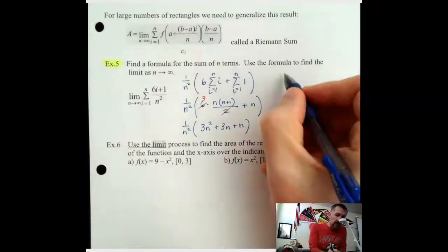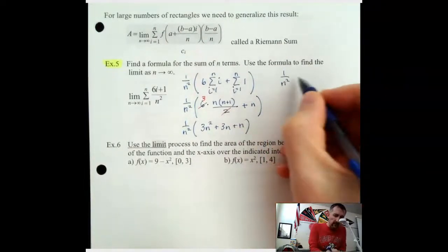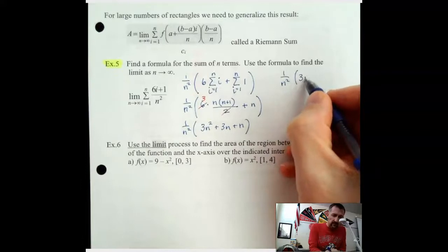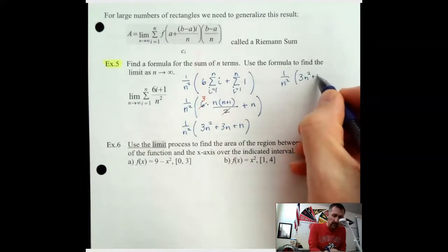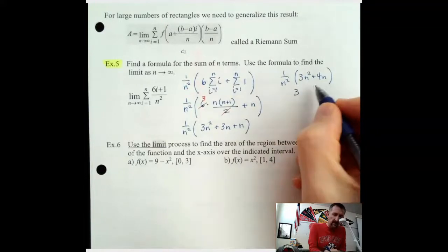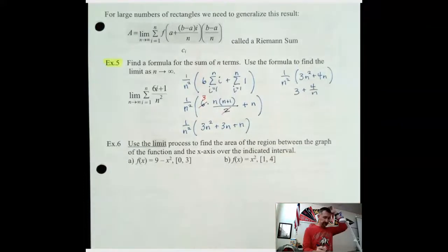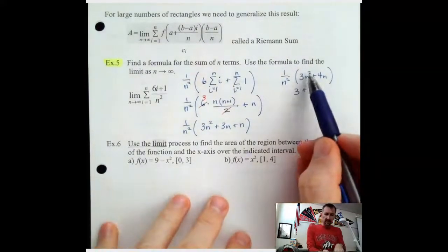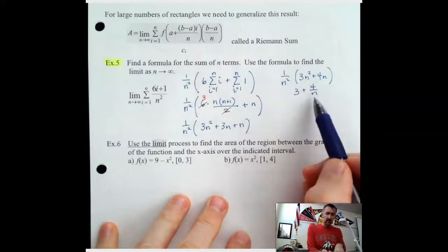Okay, so now we have 1 over n squared times 3n squared plus 4n. And if we distribute that, we're going to have 3 plus 4 over n, because you would have n squared over n squared and n over n squared.